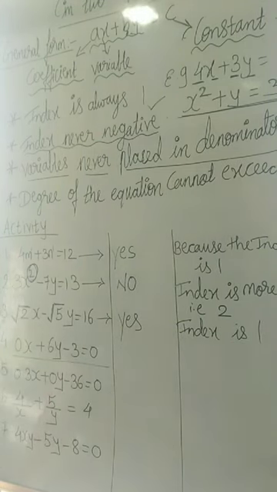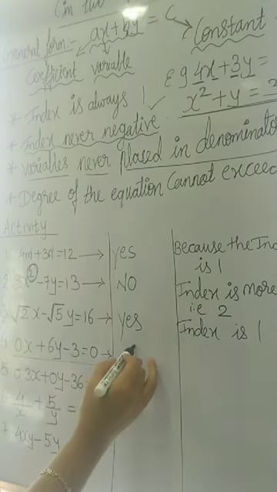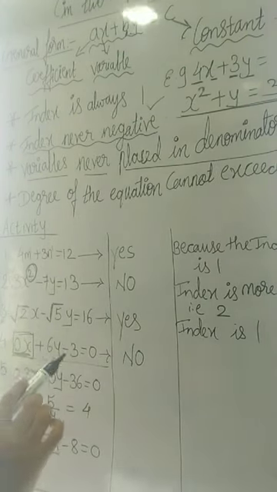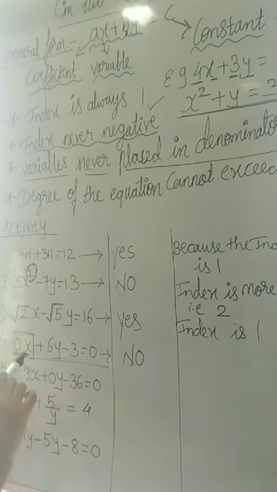Is this a linear equation? No. Why? Because here it is saying 0x. Now 0x means this particular term itself will become 0. 0 multiplied by anything is 0. That's why this whole term becomes 0. And if this becomes 0, we have only one variable left.